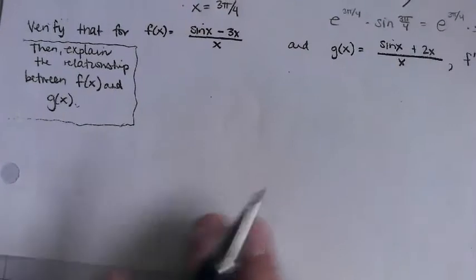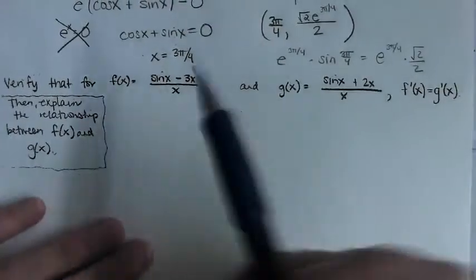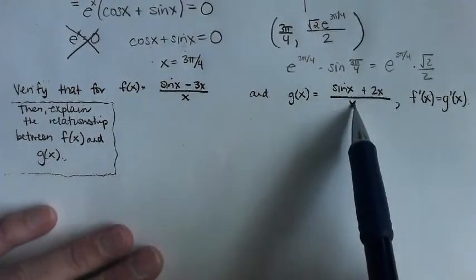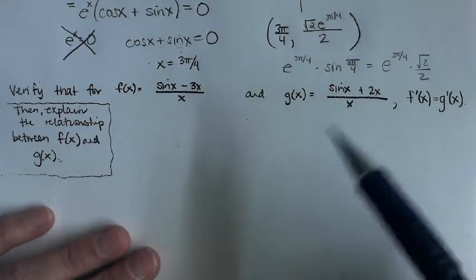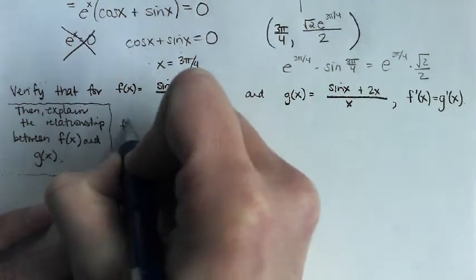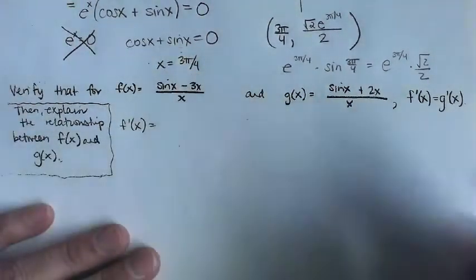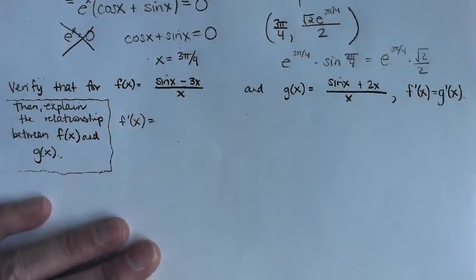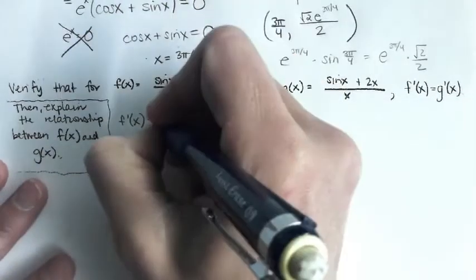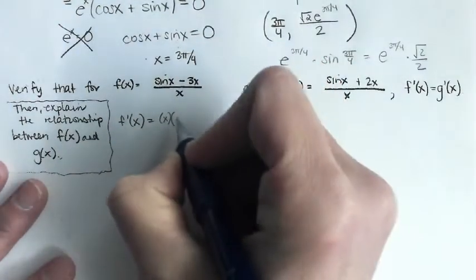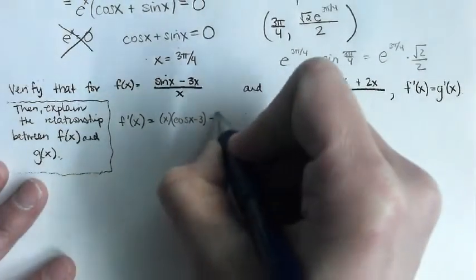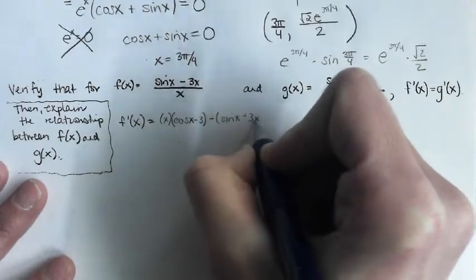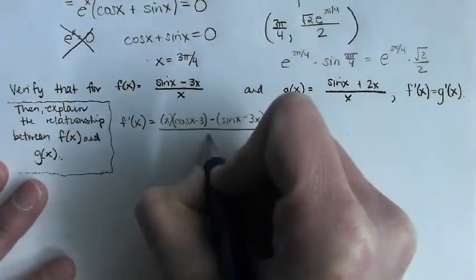This next one is more of trying to shed some light on something. So we have two functions, an f of x function and a g of x function, and they want us to verify that the derivatives of them are going to be equal. So if we use our quotient rule on both of them, it would be appropriate. So your bottom times the derivative of your top, cosine x minus 3, minus your top times the derivative of your bottom, which is just 1, all over bottom squared.